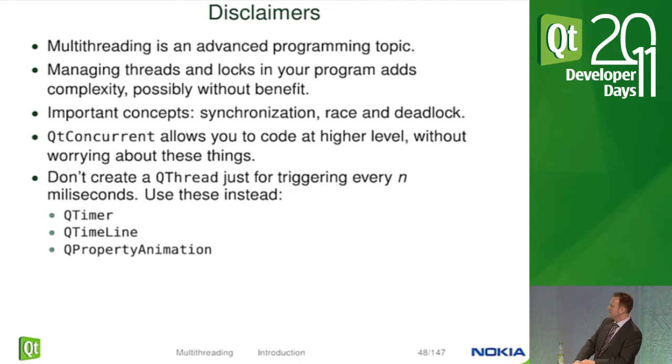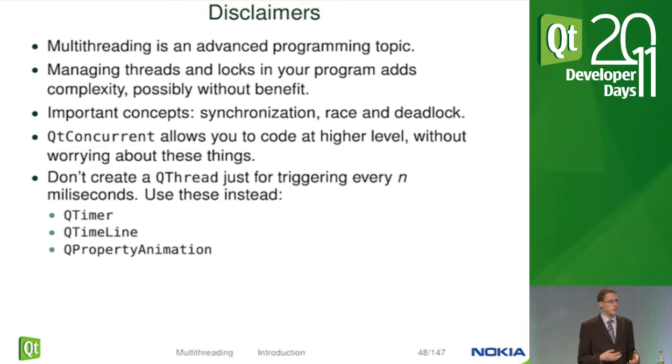There's one thing where you might think you need multithreading: animations, timers, anything that should happen after a specific amount of time. But unless it's really hard real-time requirements, and then Qt is probably not the best choice anyway. There's stuff like QTimer, QTimeline, we saw that earlier for animations, or even the more advanced animation framework, which takes care of that in a nice way without even requiring multithreading.